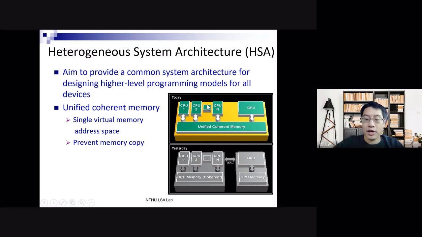And this is hard. Why is it hard? Because different computing units may have different control logic for the memory, and more importantly, they might compute at a different scale of speed. For example, the GPU is way faster than the CPU.